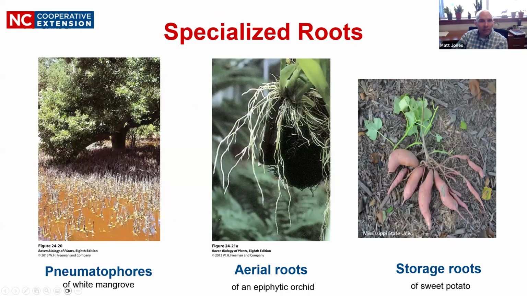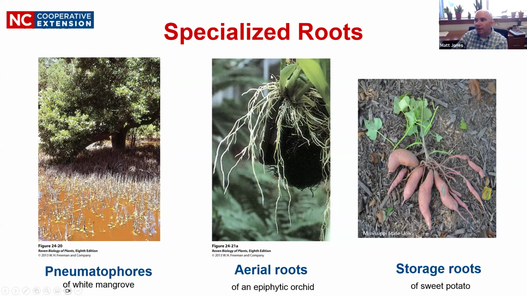Roots can also be modified into different structures. There are some that are specialized, like in the case of white mangroves and red mangroves, into pneumatophores. They grow in inundated conditions, so they're constantly flooded with water. The roots will poke out of the water to get oxygen, because roots need oxygen too.